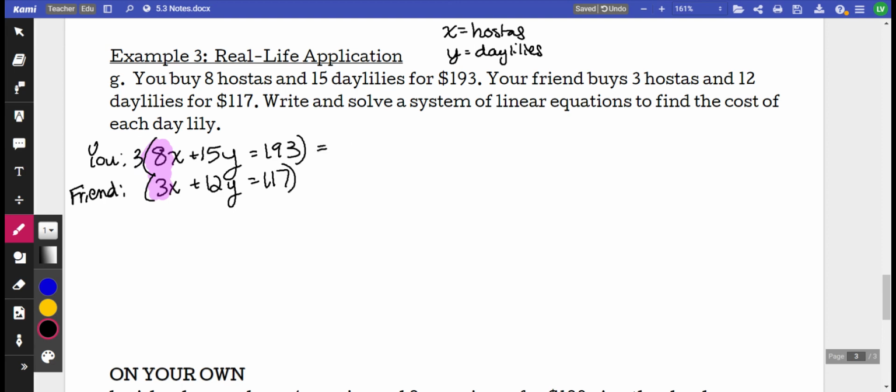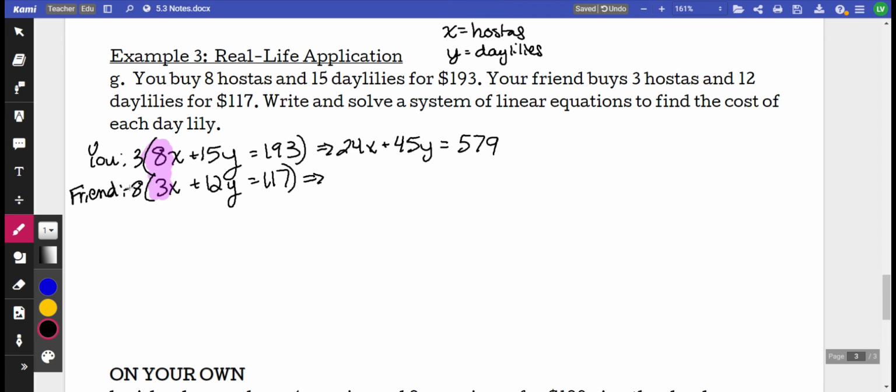So the first equation becomes 24x plus 45y equals 193 times 3, 579. The second equation, to get from 3x to 24, I had to multiply by 8.